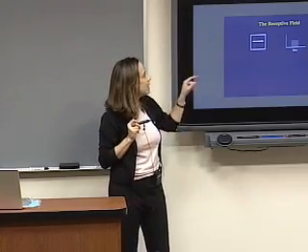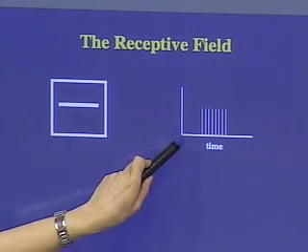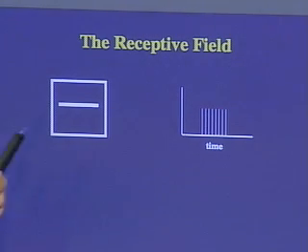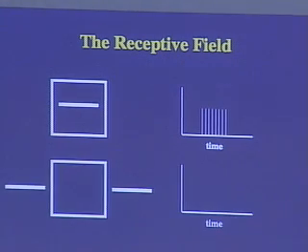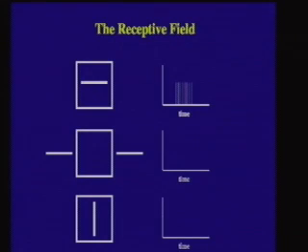In this case, this is a V1 cell, and these are spikes of the neuron over time. It responds to a horizontal bar in the receptive field. If you put that same stimulus outside the receptive field, the cell doesn't respond.